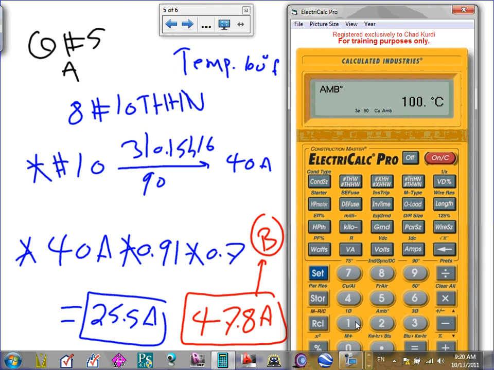What's the equivalent of 100 Fahrenheit in Celsius? I can't see how to switch it to Fahrenheit.